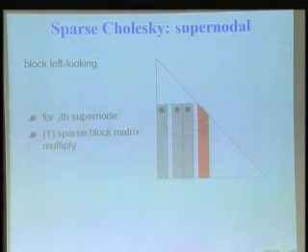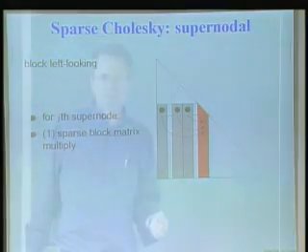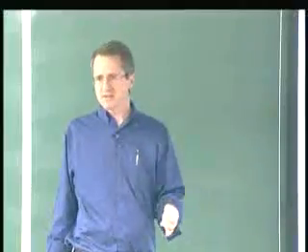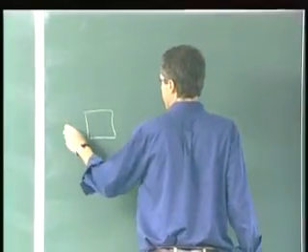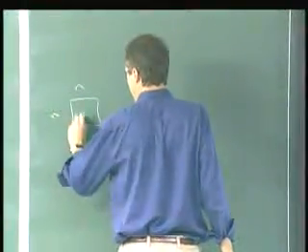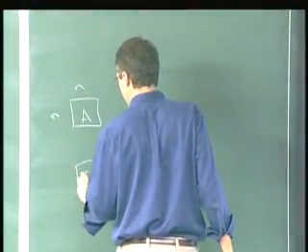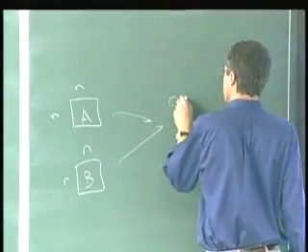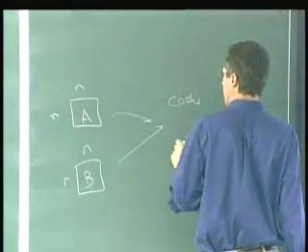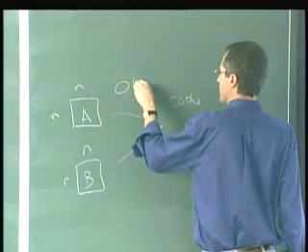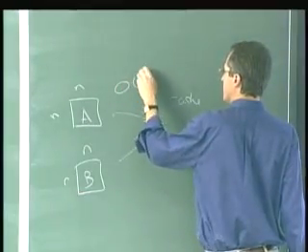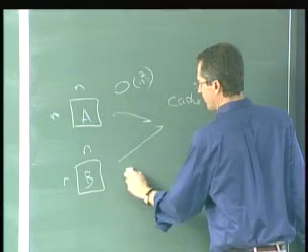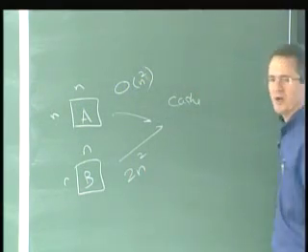Suppose we have two matrices that fit in cache. And if we don't, we can chop the matrix up into pieces, each piece fitting in cache. So I have a matrix A of size n by n, and a matrix B of size n by n. I can load them into cache, and so the memory traffic here is order n squared. Roughly 2n squared words have to be brought in.